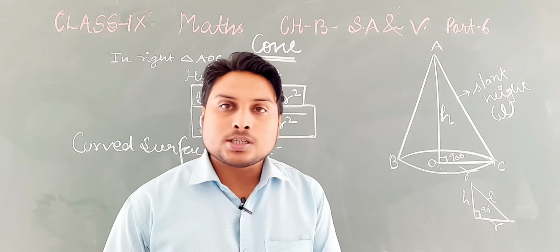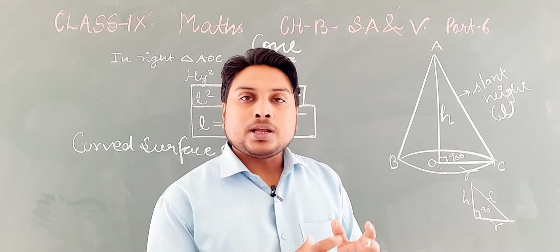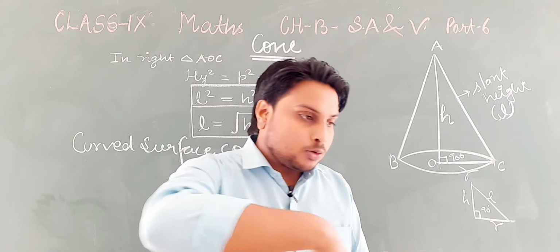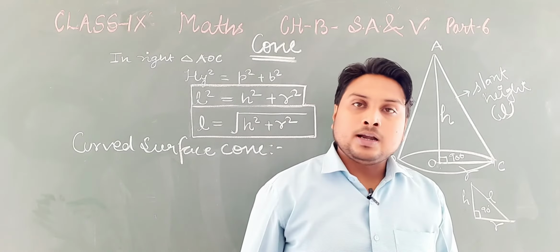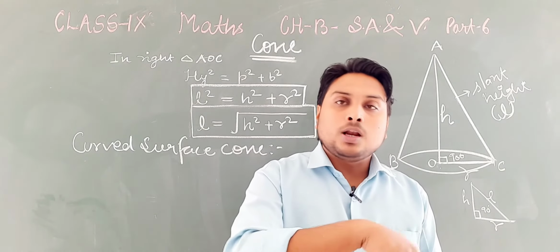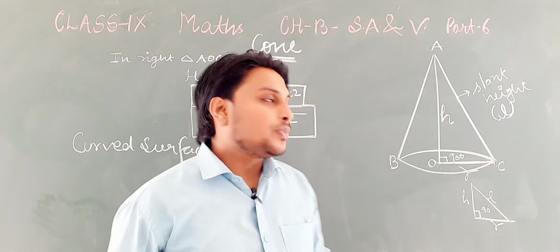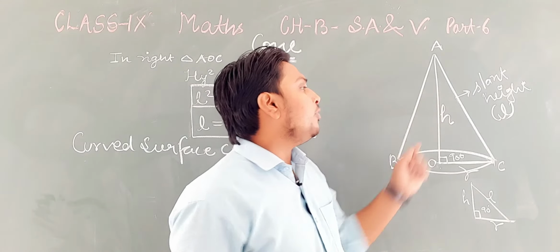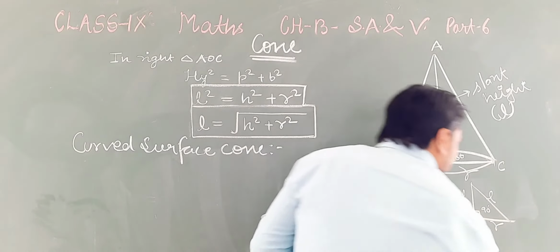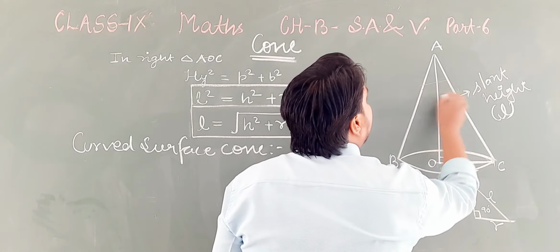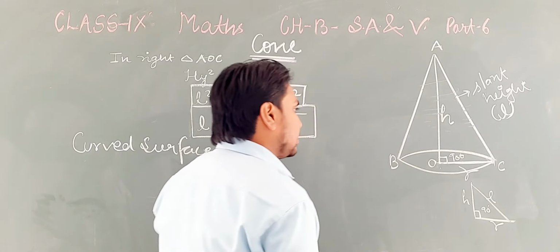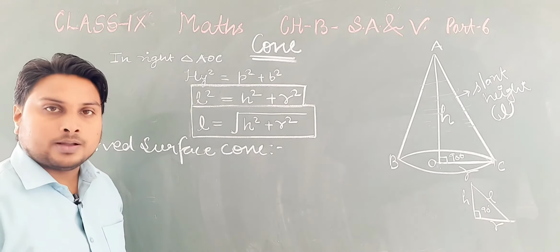As we have studied in the topic cylinder, if you find the area of only the round part, that is known as curved surface area. So here also, if we find only the area of its circular part, then this is known as curved surface area.